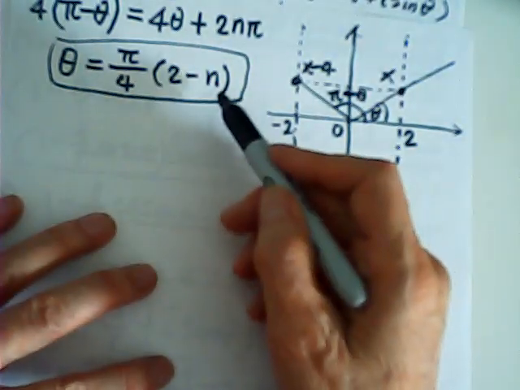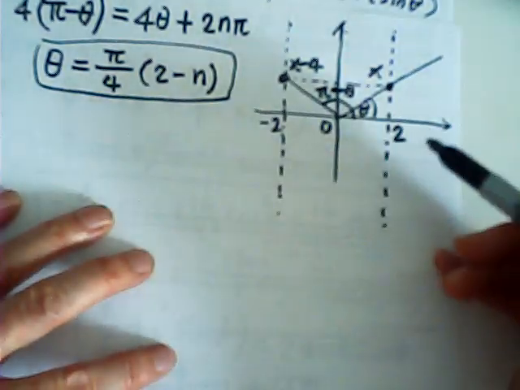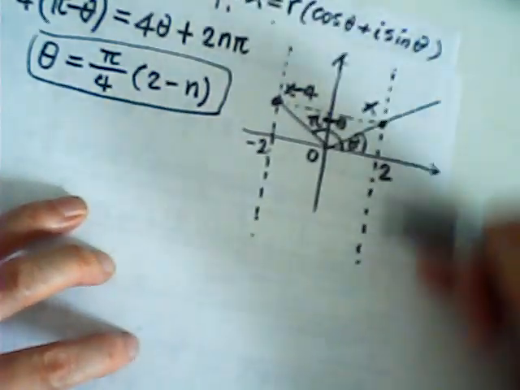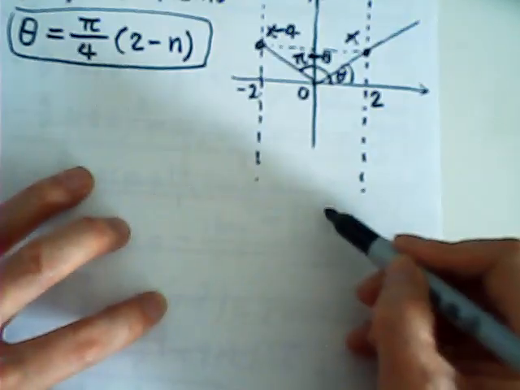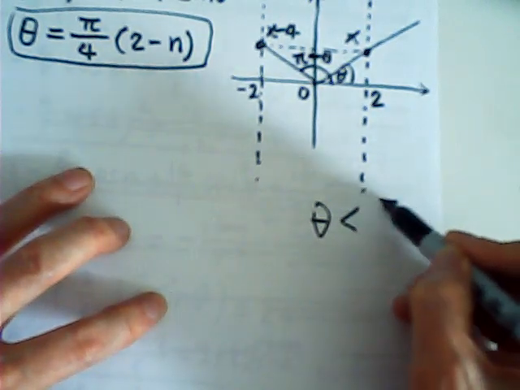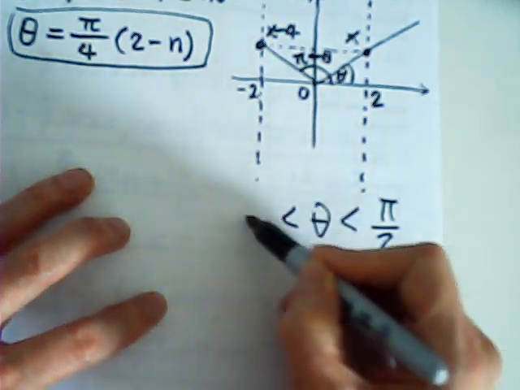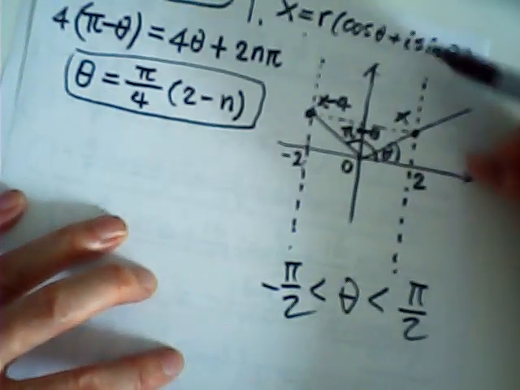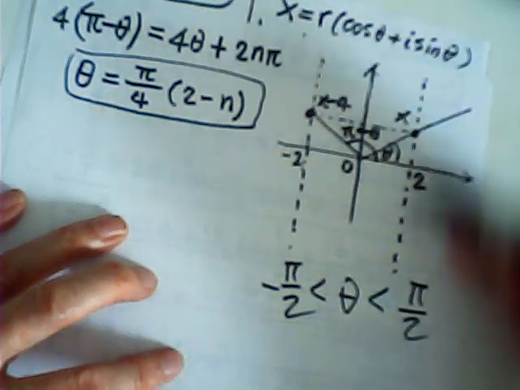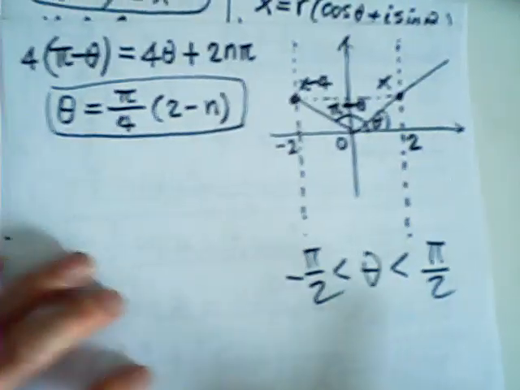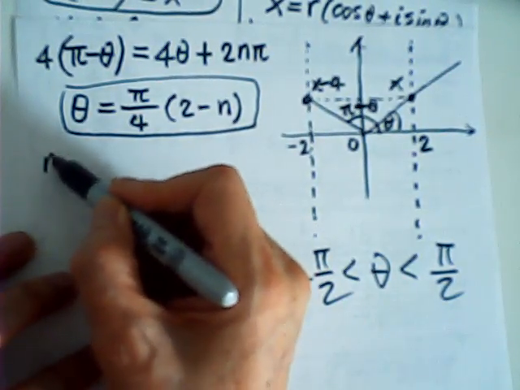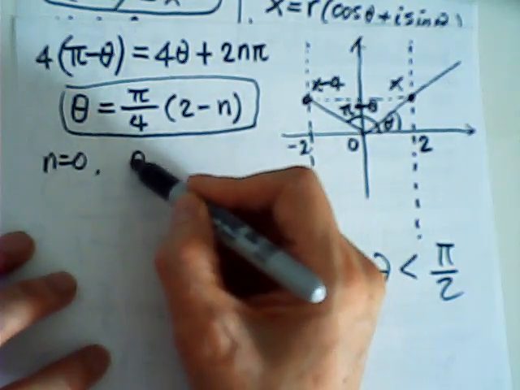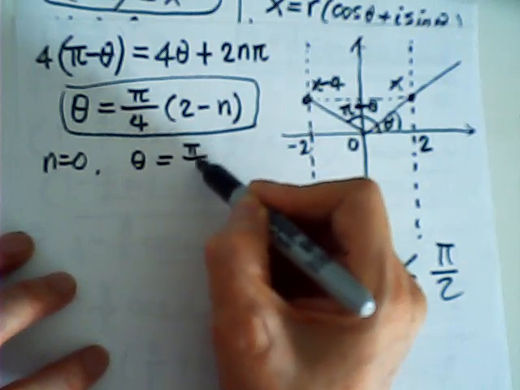Now how to determine n? Now we have a range for theta, right? Because x is on this vertical line, therefore theta must be between negative half pi and half pi, not inclusive. Now then, n equal to 0, theta will be equal to half pi, right?